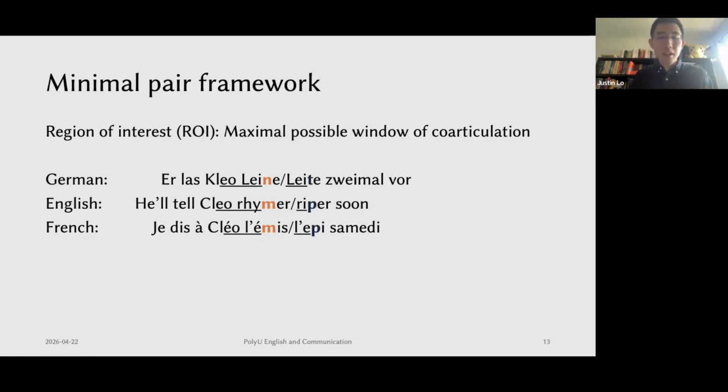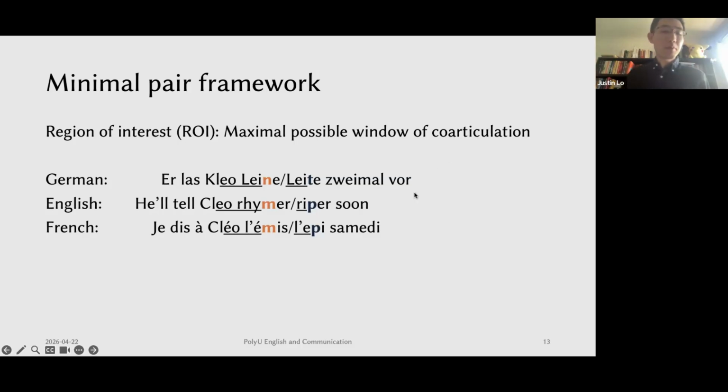This only differs in one consonant near the end, the M versus the P. So this is nasal versus oral consonant, and we have this window of sounds coming before it that allows for the co-articulation from the nasal consonant to spread in anticipation.